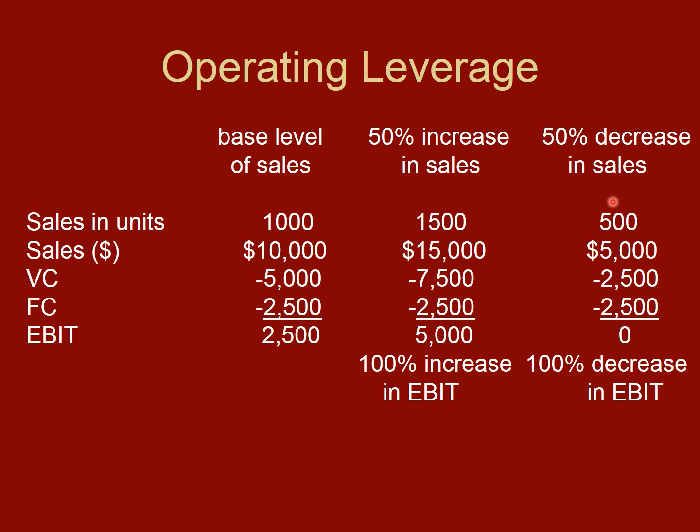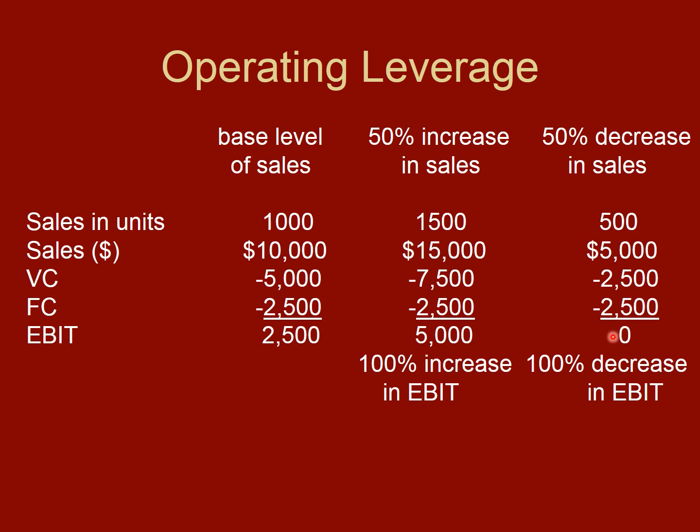So for example, let's take it exactly the other way and start with our base level. We have 1,000 sales in units. We're going to cut that by 50%, which means our sales in dollars will be cut by 50% and our variable costs will be cut by 50%, going again off this base level of sales. My fixed cost remains fixed at $2,500, so my EBIT is 0.